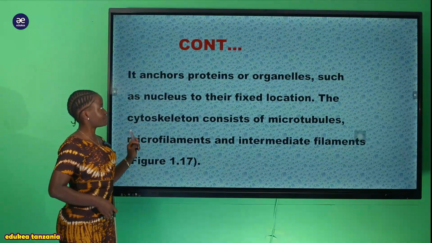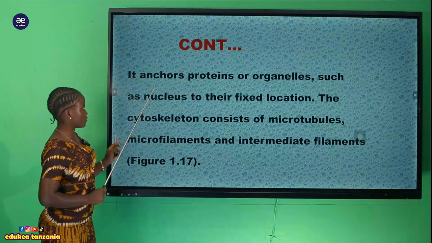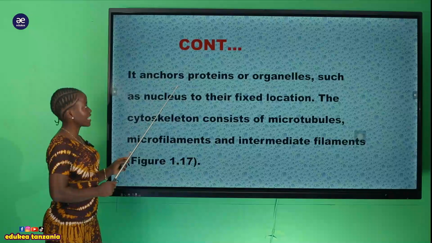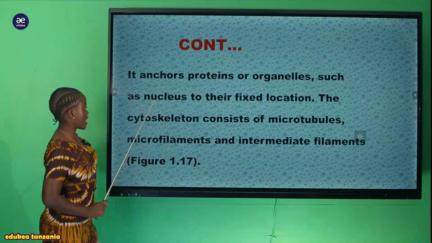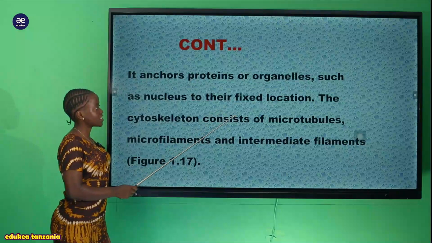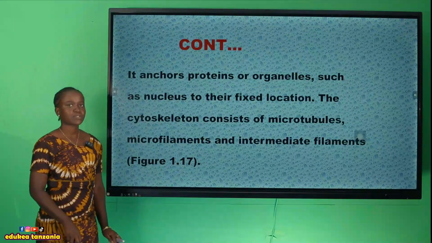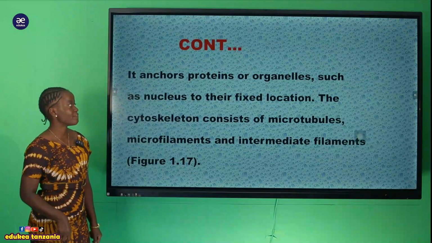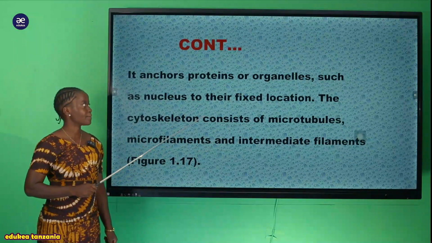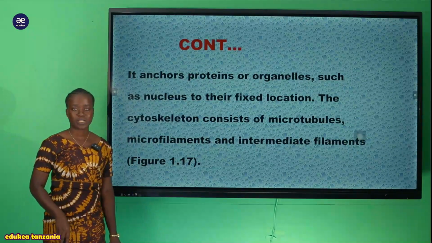So now this cytoskeleton anchors proteins or organelles such as the nucleus to a fixed location. So the presence of the cytoskeleton within the plant cell or animal cell is for the anchorage of proteins or organelles such as the nucleus into their fixed location.